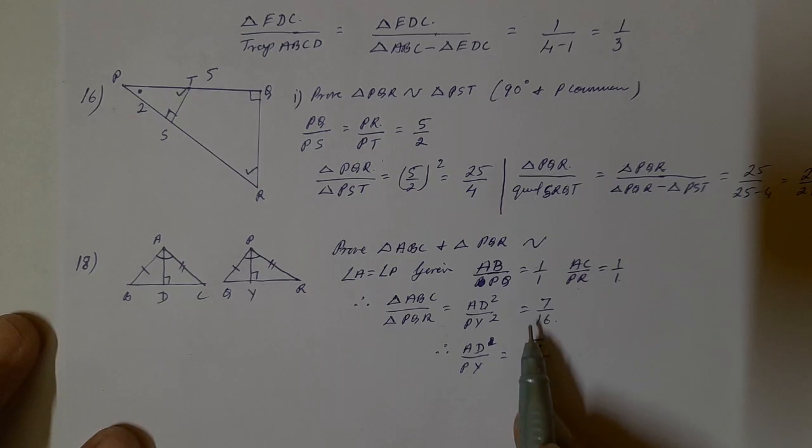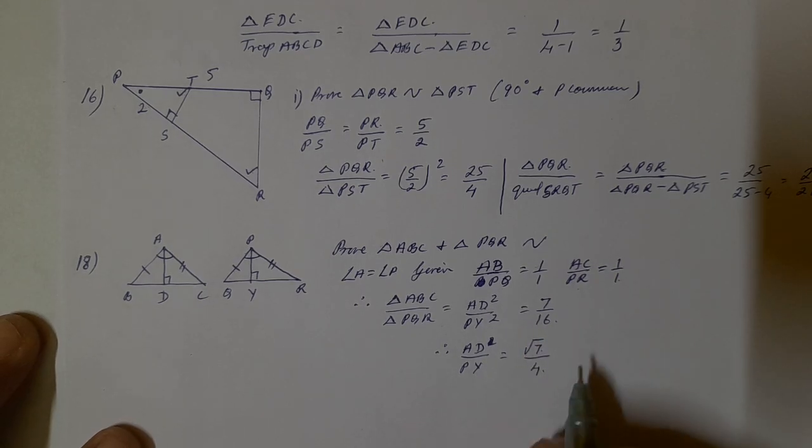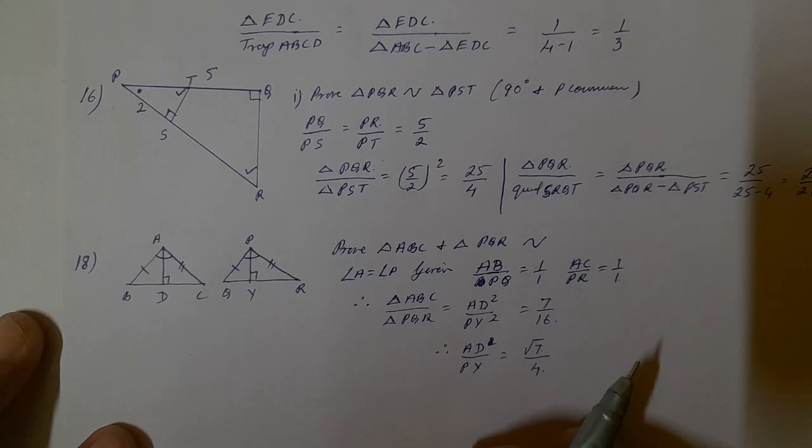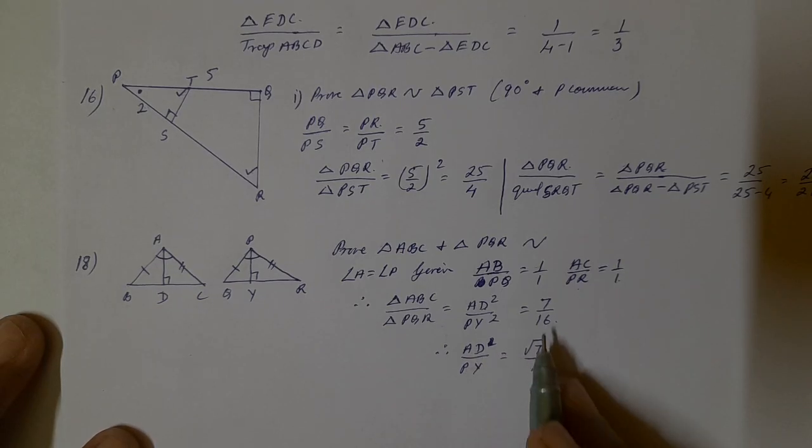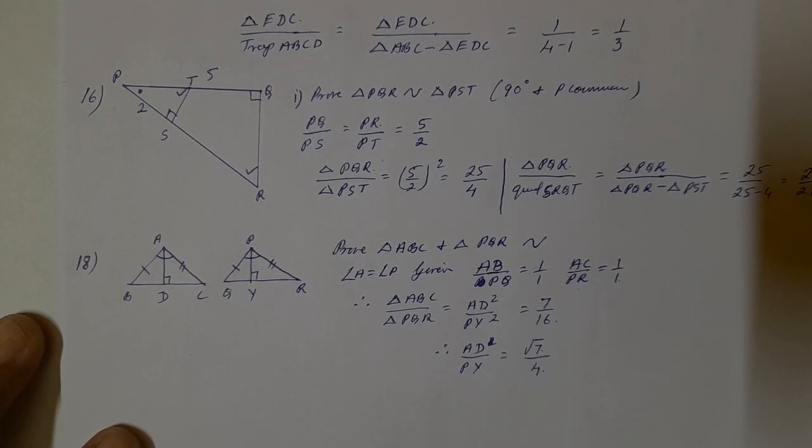Is that okay? Which is equal to 7 by 16, given. So AD by PY, you take the square root, is root 7 by 4. Very simple. They said find the ratio of the corresponding heights, so the square goes over here, it is root 7 by 4.